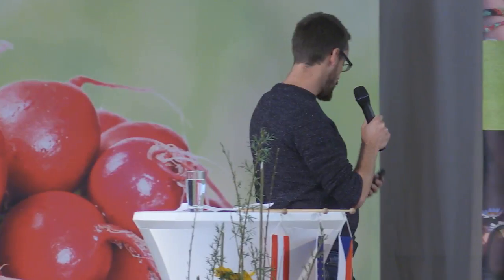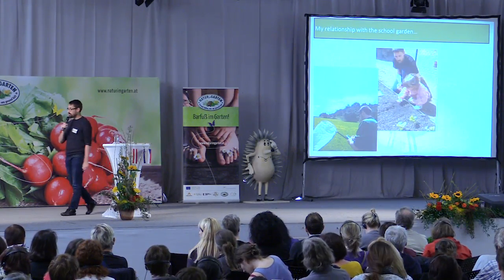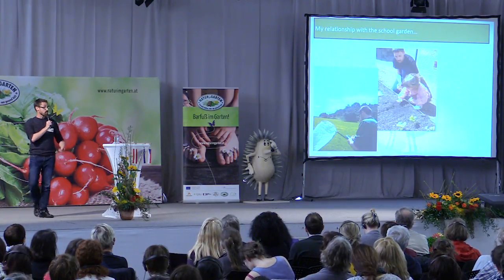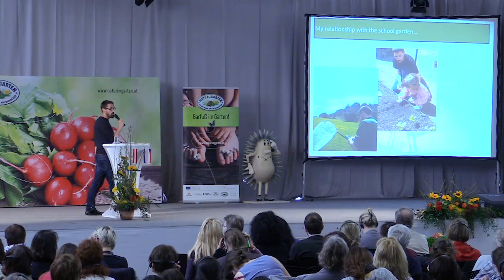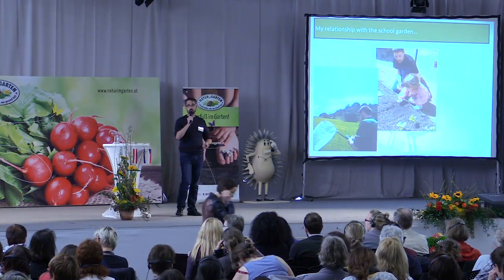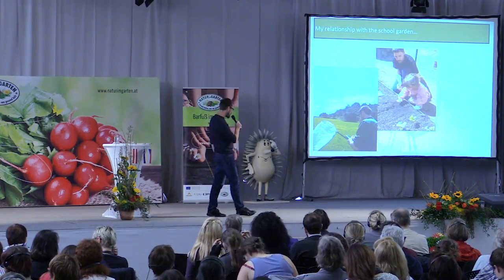And here is my second picture, because while I was working as an environmental educator, I was in charge of 16 schools in a rural area. My job lay in assisting teachers to develop different kinds of activities to work on different environmental issues.